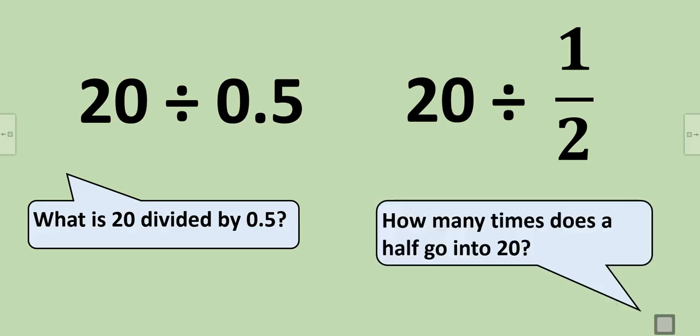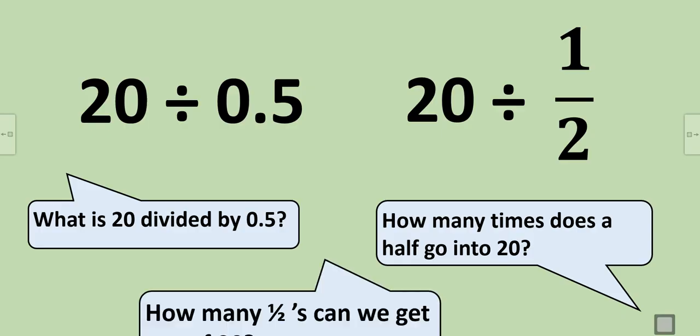And then we could say, how many times does a half go into 20? And again, that's referring back to multiplication. Or how about this one? How many halves can we get out of 20? So whichever one of those you want to think about, let's put it into practice.